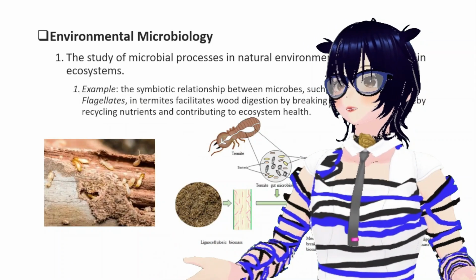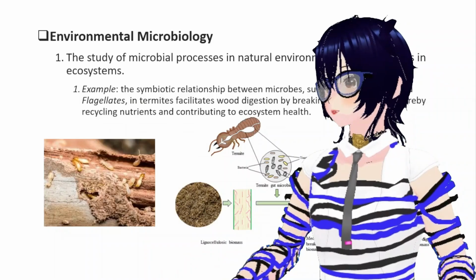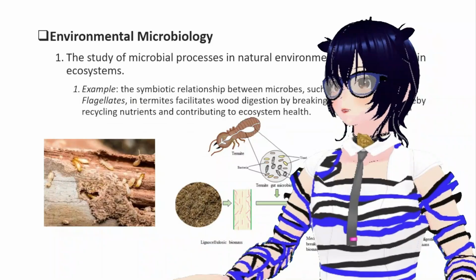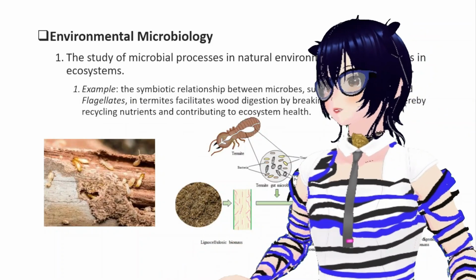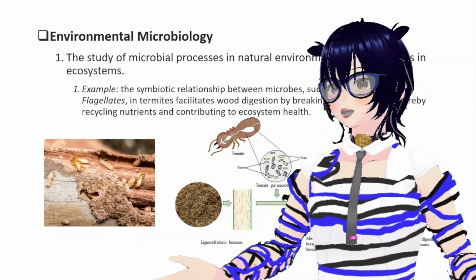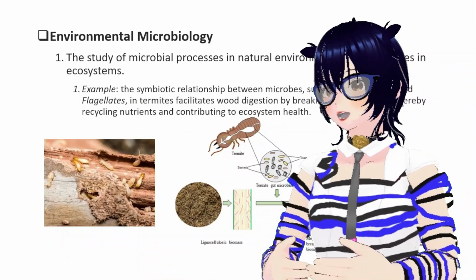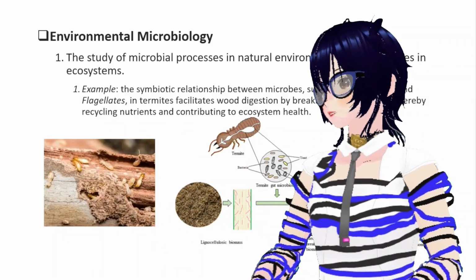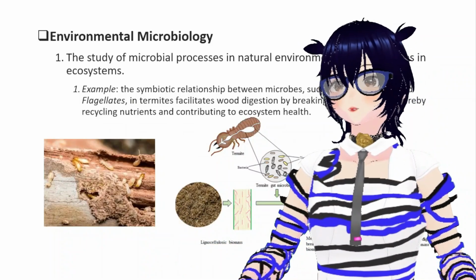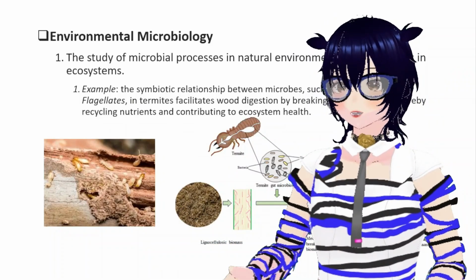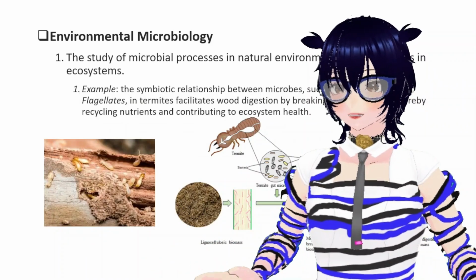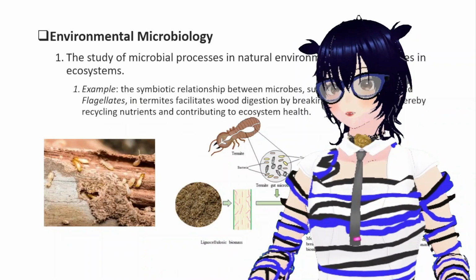They actually produce cellulase that digests the cellulose in the wood, and the mites that eat the wood actually don't have the mechanism to digest that wood, and they would die if they didn't have those microbes living in their symbiotic relationship. But thanks to the microorganism, they can digest that wood by cellulase enzyme. And you'll ask, what will they get in return? They get nutrients in return, which they couldn't get when they were living alone, or maybe they cannot live in the environment present there, so that's why they chose to live in the gut.